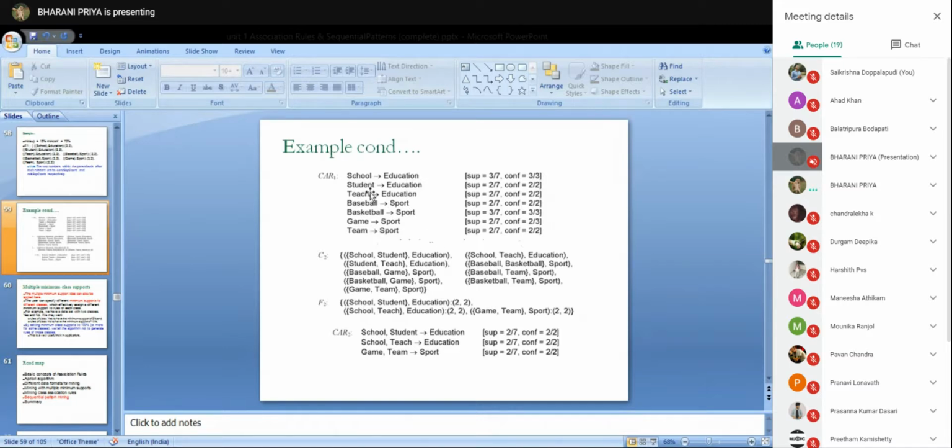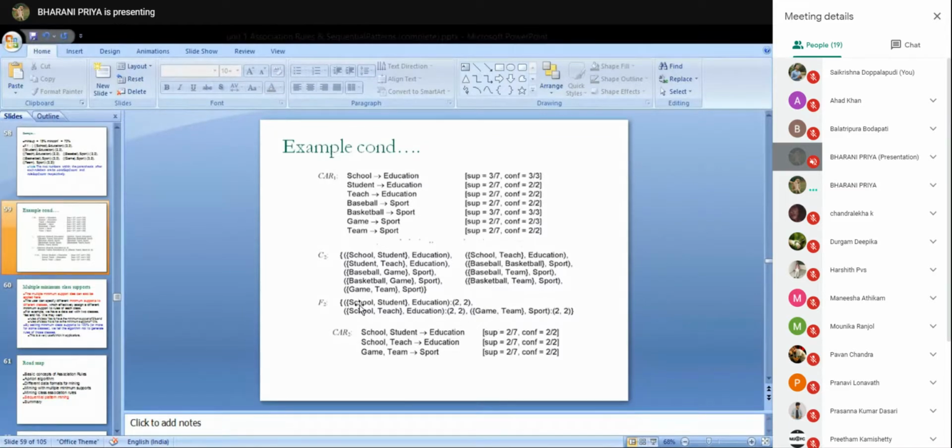Now, the joining step: school and student have the class label education. Similarly, student and teach. While joining all these, we are pruning if they are not frequent according to the support count.